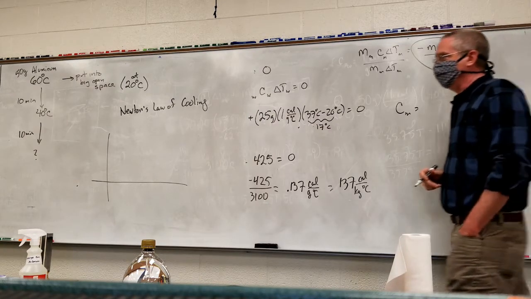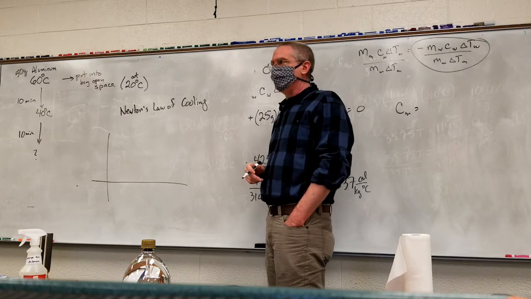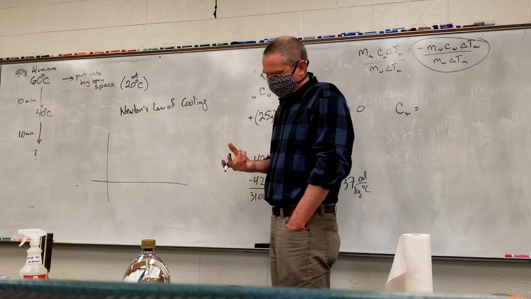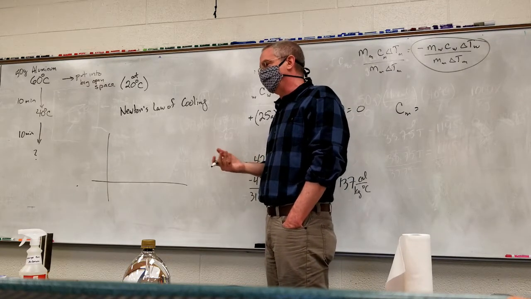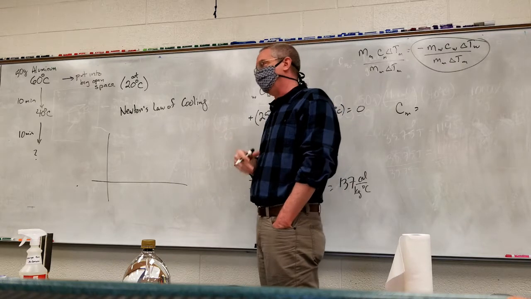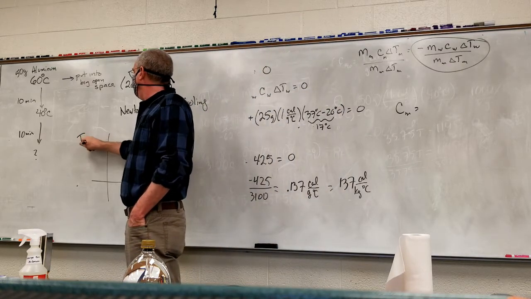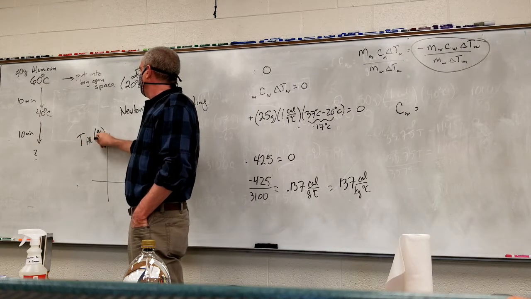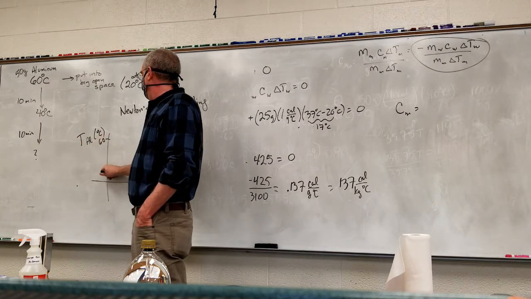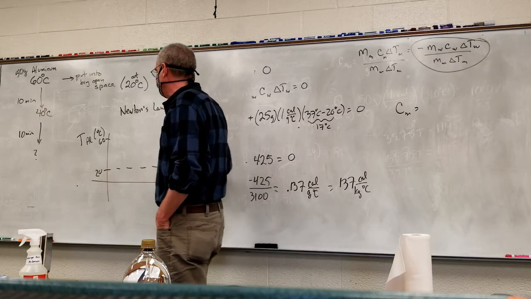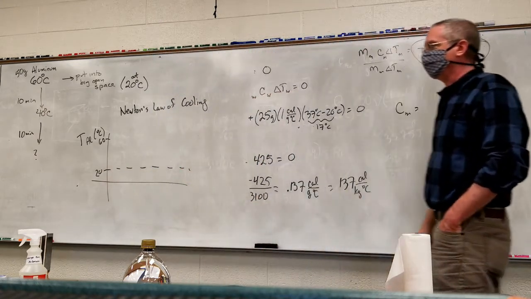Yes, it will not get colder than the room. As with all thermodynamics, you should always tack on, statistically speaking. So the temperature of the aluminum, in degrees Celsius, we started out at 60. 20 is the bottom. It's the absolute smallest it will get.